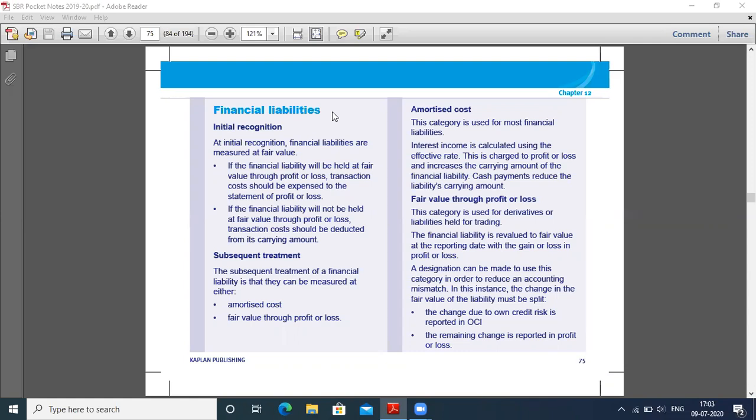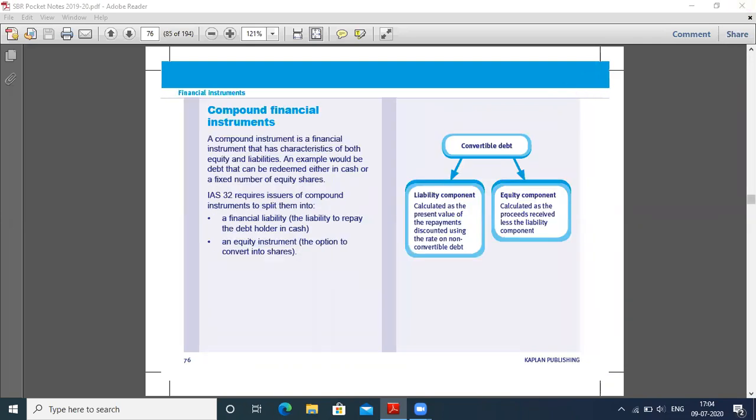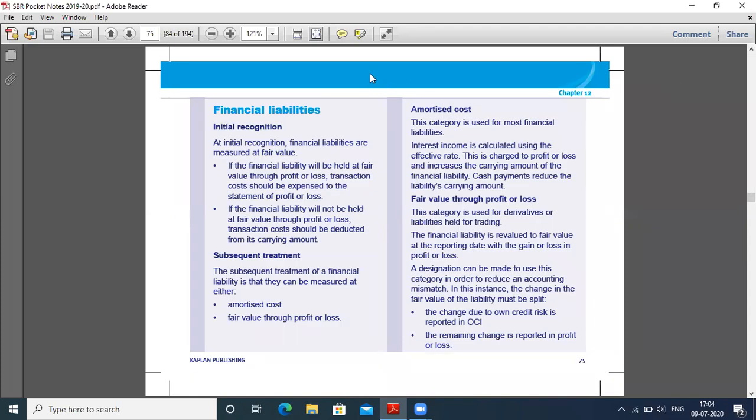Now, for the subsequent treatment, when we are subsequently recognizing the financial liabilities, we can measure them either by the amortized cost method or at fair value through profit or loss account. Anyone of these two can be applied. First, let us understand what we mean by the amortized cost method.